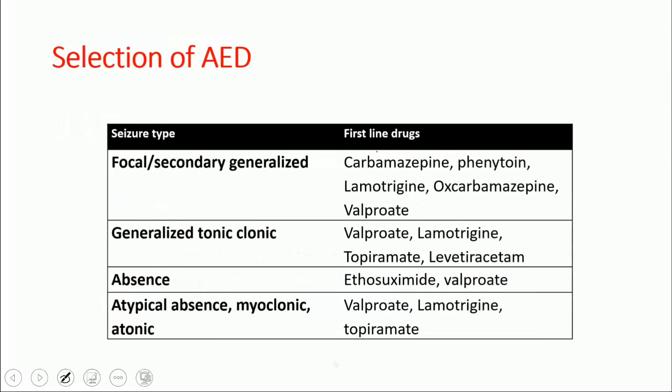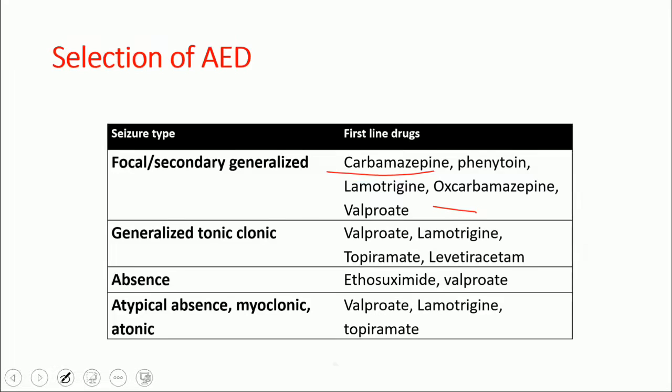Looking at anti-epileptic drugs, in focal seizures we commonly use drugs like carbamazepine and oxcarbazepine. These are mostly used. In generalized seizures, there is a tendency to use a lot of valproate and lamotrigine. These are two very commonly used anti-epileptics in generalized seizure types.